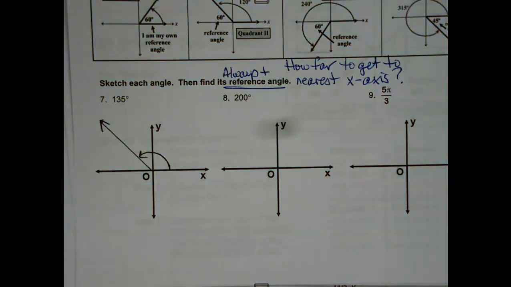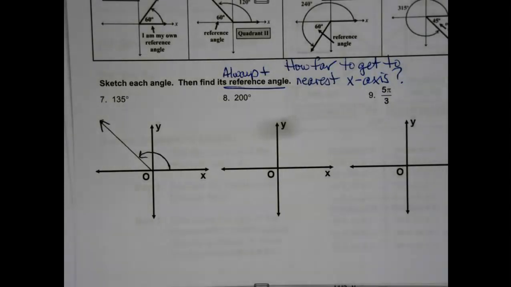First, how far am I away from the nearest x-axis? Because that's going to be your reference angle. And also, when you're looking for a reference angle, they are always positive. I don't care if you're going forward, back. It does not matter. They're always positive. Okay? So, just to kind of keep some things straight.